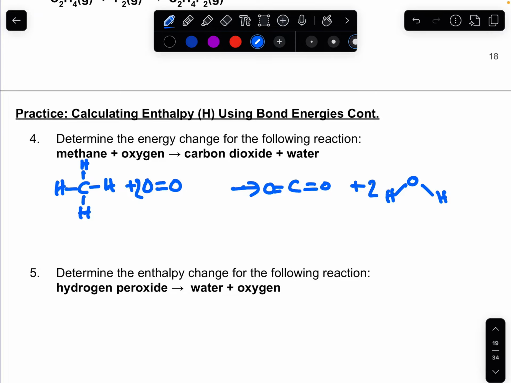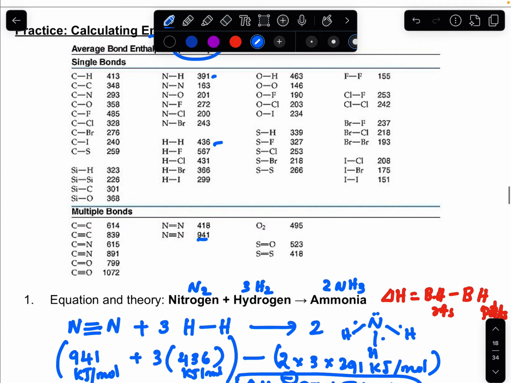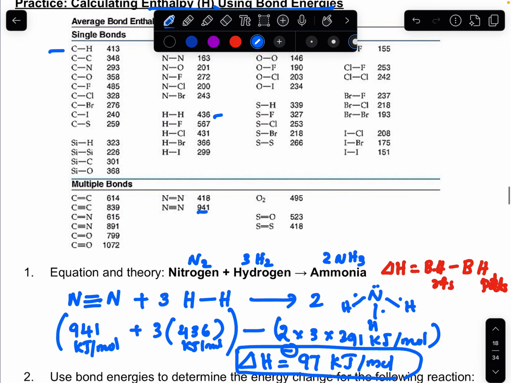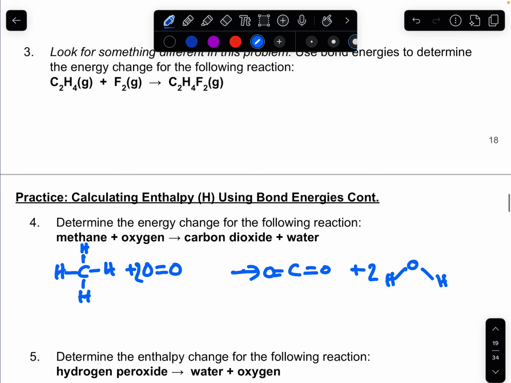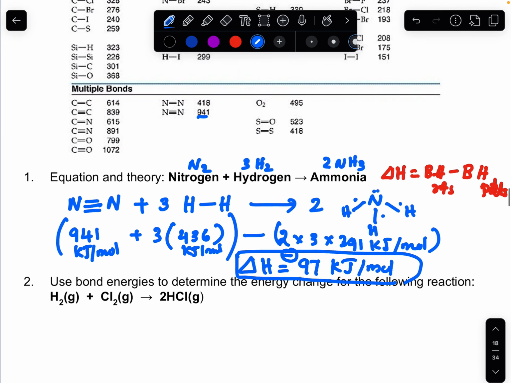Now we are going to calculate. The C-H bond is 413. There are 4 C-H bonds, so I'm going to write 4 times 413 kilojoules per mole. Remember that. Plus 2 times oxygen.